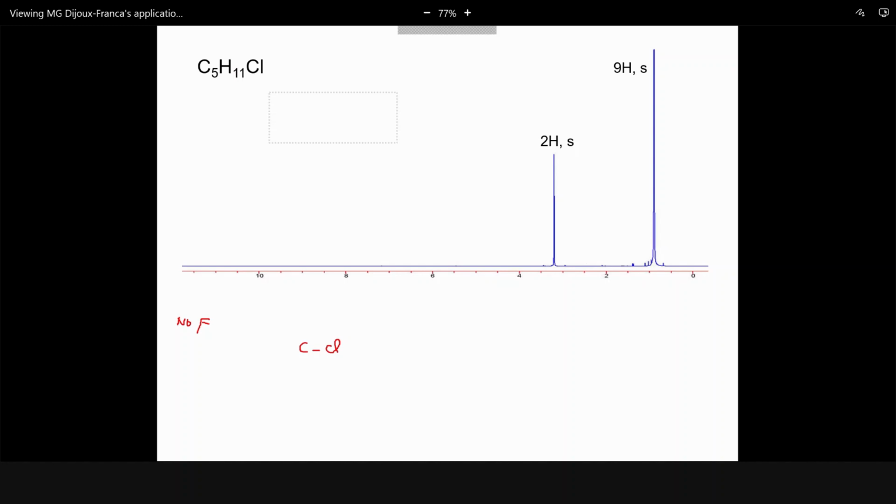Due to the signal at about 3.2, I think it is the carbon with the two hydrogen atoms next to the chlorine. So it should be a CH2.